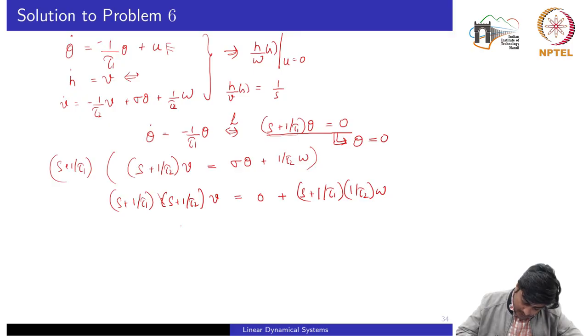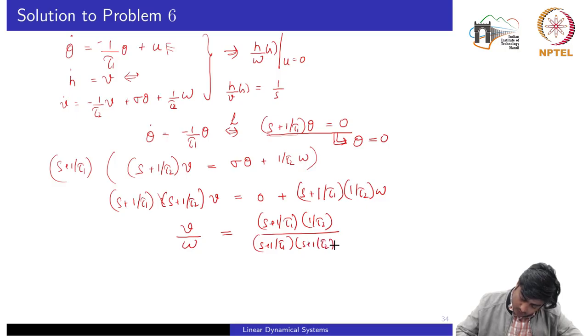Okay, now computing the transfer function from here, v by w, we would have s plus 1 by tau 1, and in the denominator again we would have 1 by tau 1 and s plus 1 by tau 2. Okay, as a function of s.